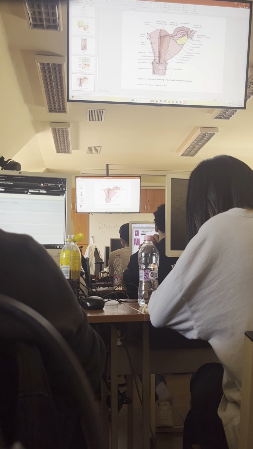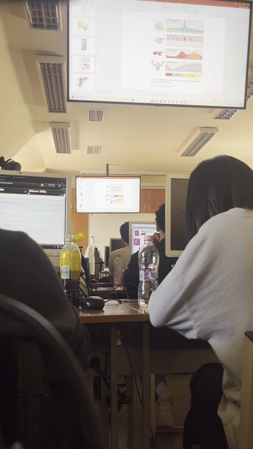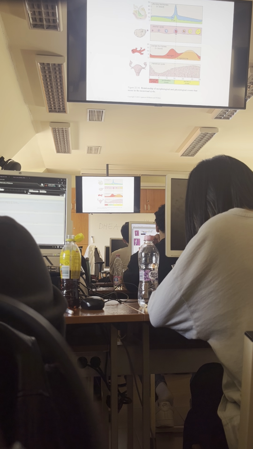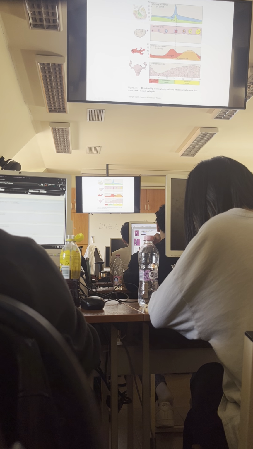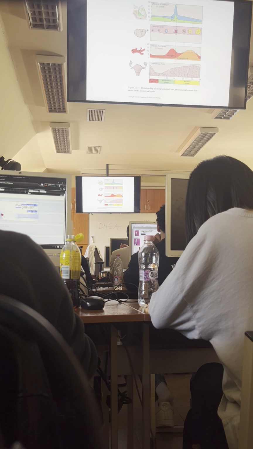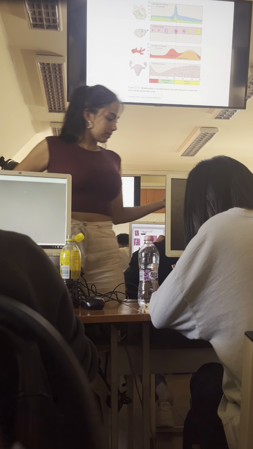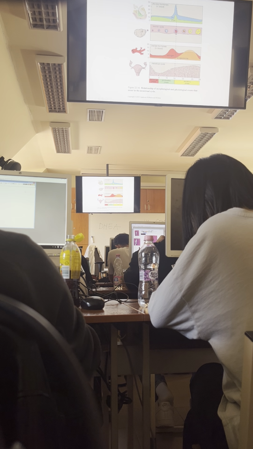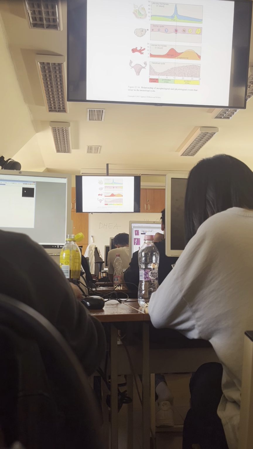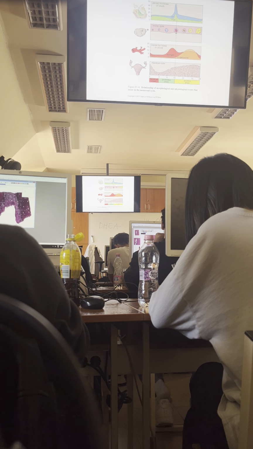Maybe I should project this slide first. On top you can see how two pituitary hormones, LH and FSH, are changing as a function of time during the ovarian cycle.